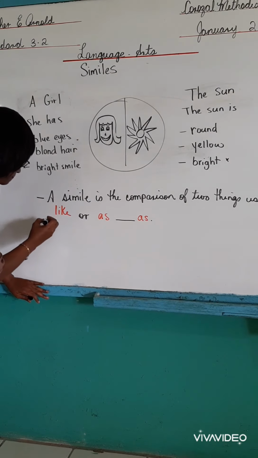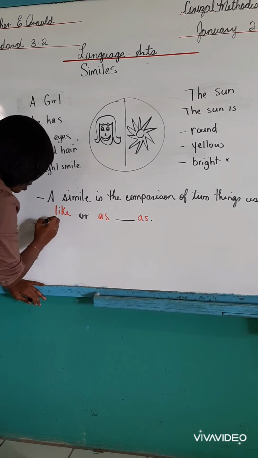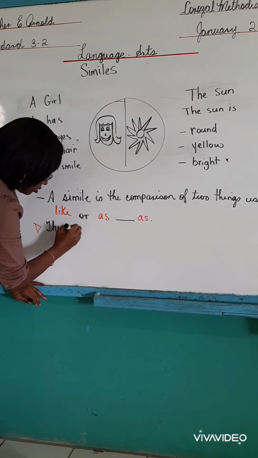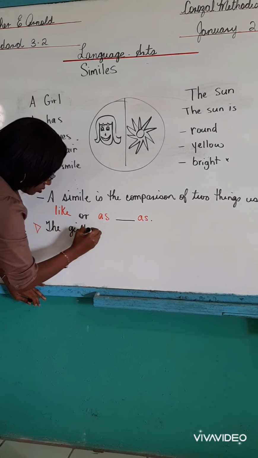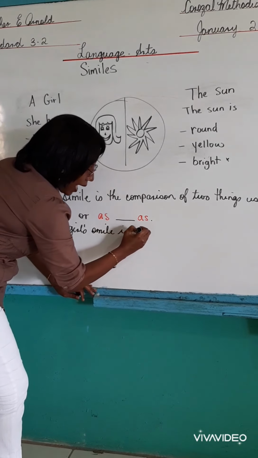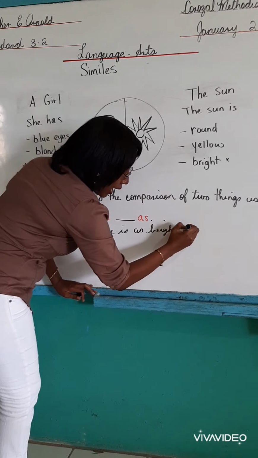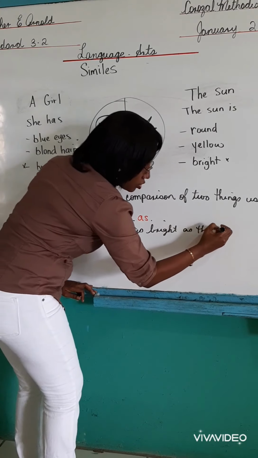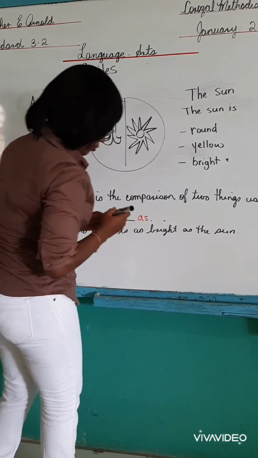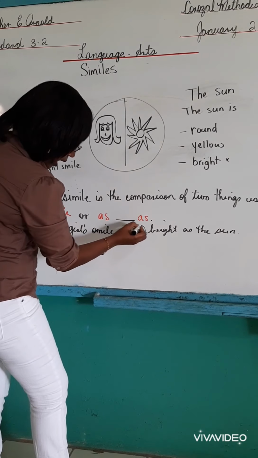So I will say, the girl's smile is as bright as the sun. For this one, I use the pattern as.